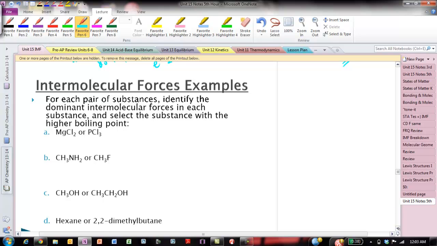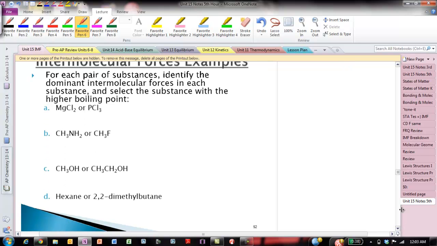Alright, so what we're going to try to do is identify the type of molecular force, the dominant intermolecular force, and we're also going to select the substance that we think has the higher boiling point. Okay, so we have ionic, which is kind of weird because it's not really an intermolecular force, but it is what you have to separate to boil it.